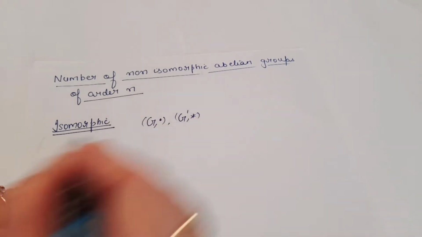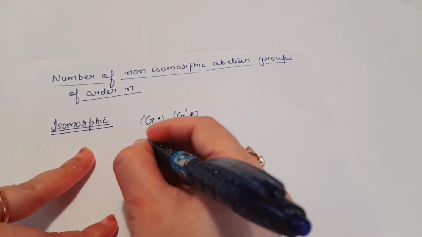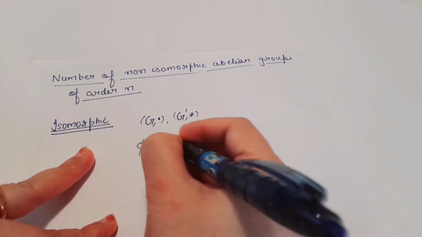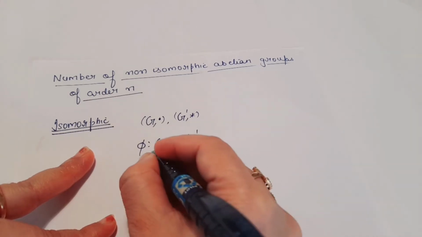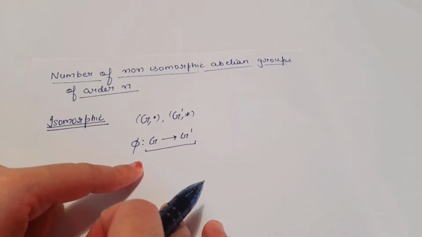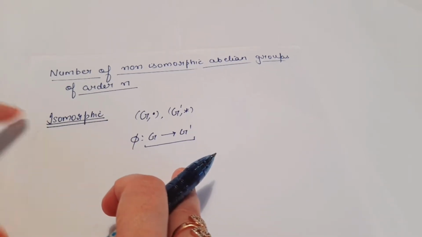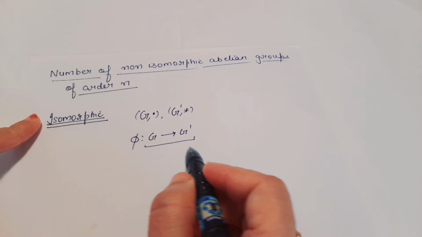If there exists a 1-1 onto correspondence between the two groups, you can find my videos on homomorphism and isomorphism on my channel. I have explained there properly how to find out isomorphic groups.